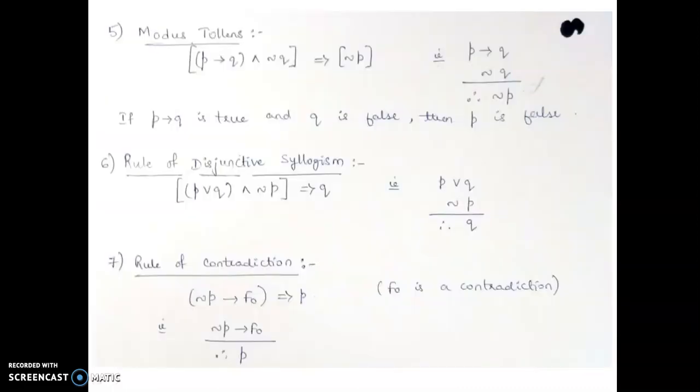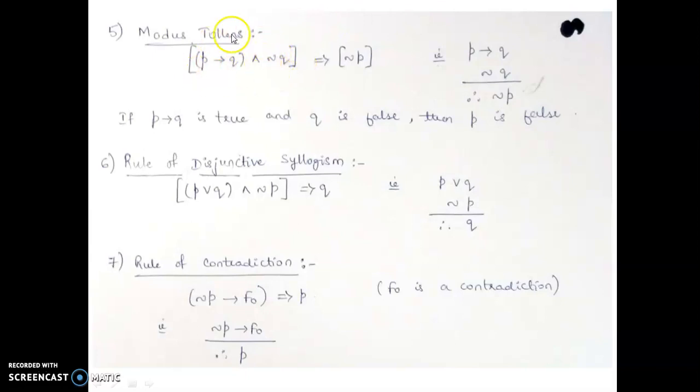Next, modus tollens. P conditional Q and inverse of Q is equivalent to inverse of P. If P conditional Q is true and Q is false, then P will be false. Whenever we have an AND operation, both should be true.